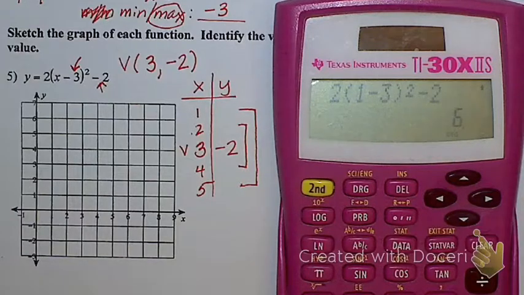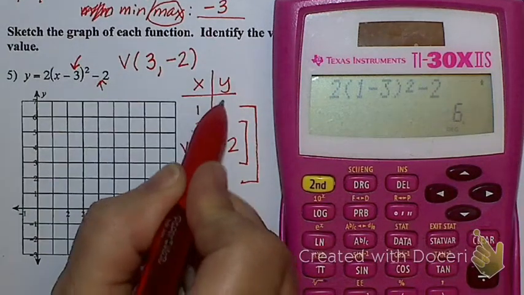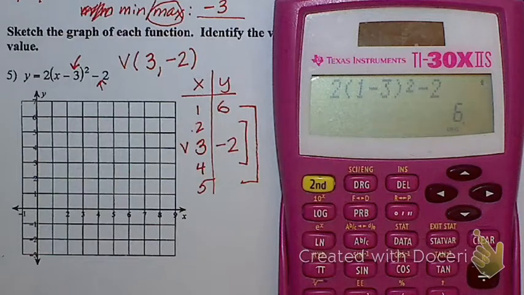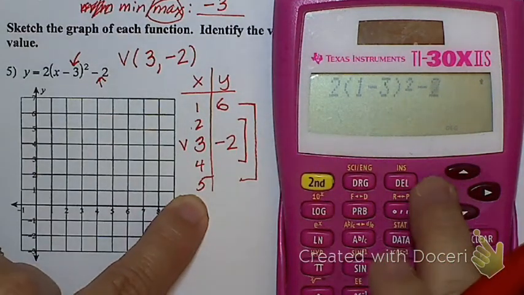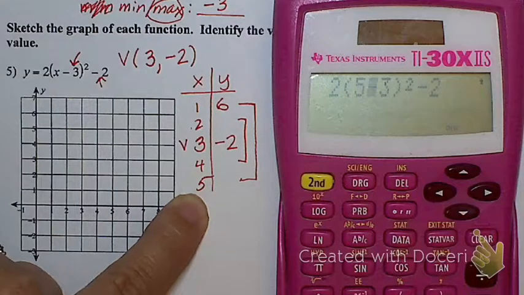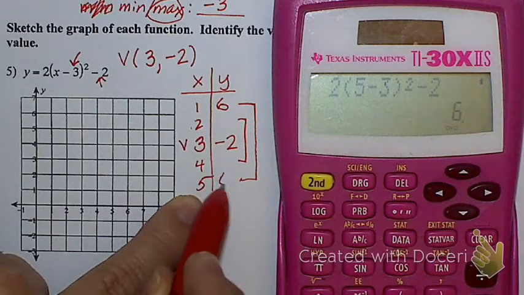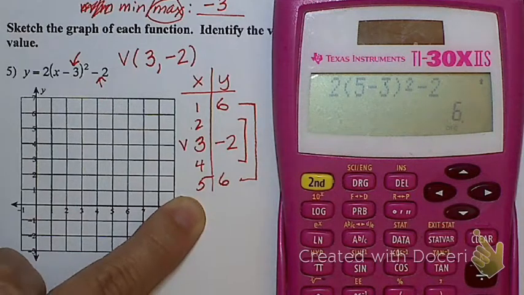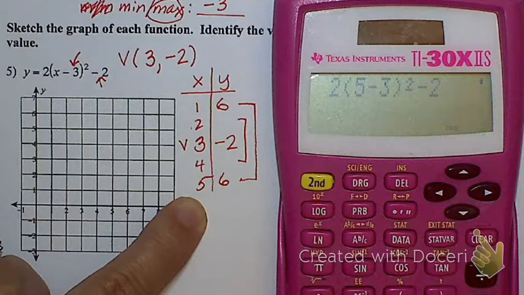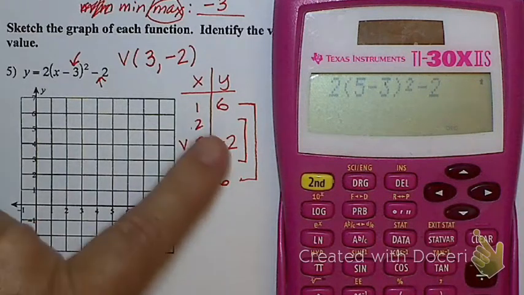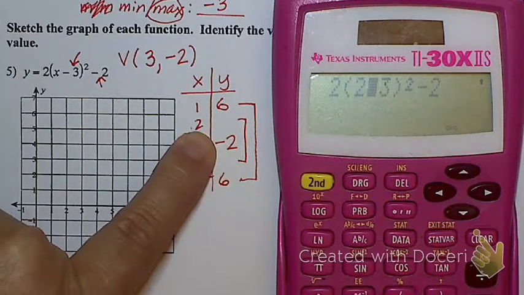I hit enter, and I get... Now, just to prove my point, I'm going to go change that 1 to a 5 to show you that I still get 6 as my answer. How did I change that so quick? Remember from yesterday, you go back and you make sure that the number you're wanting to change is blinking. And if I want to plug in 2, I type 2.